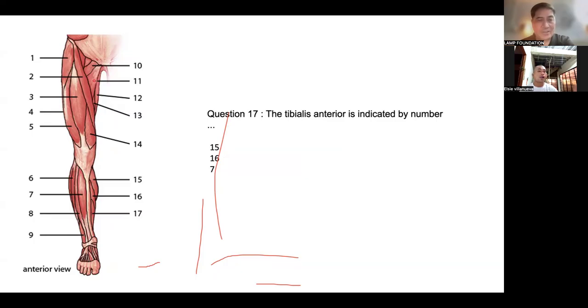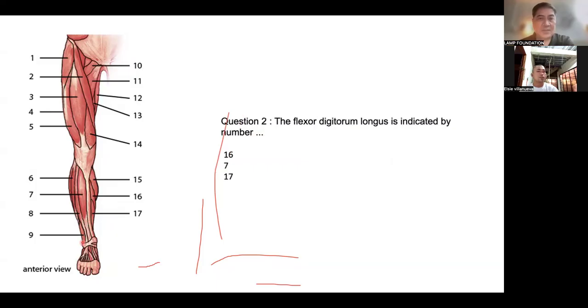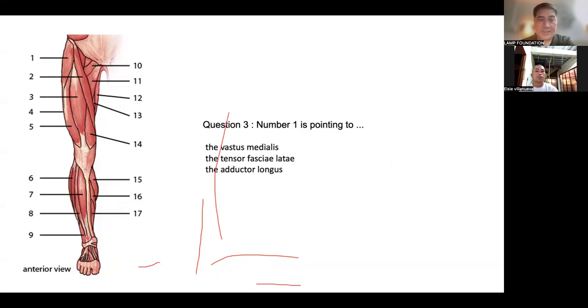Tibialis anterior is what number? Number 7. Fibularis tertius is what? Number 9. Flexor digitorum longus is what number? 17.